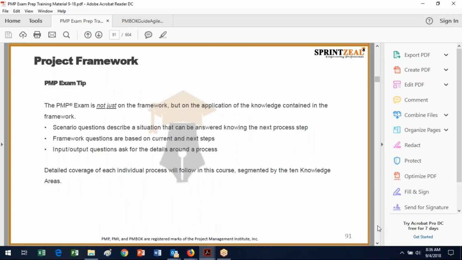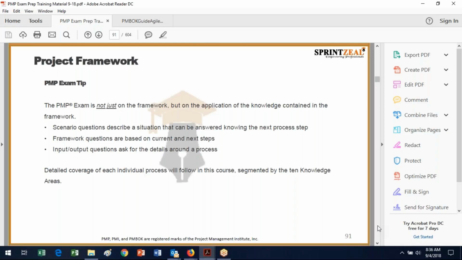So here's a PMP exam tip for the project framework. It's not just on the framework, but on the application of all the knowledge contained in the framework. So remember, I said that there's a basis of legal and economic and interpersonal communications and all kinds of skills involved in the project framework beyond the PMBOK, because remember, the CAPM test is the test that is just on the PMBOK.